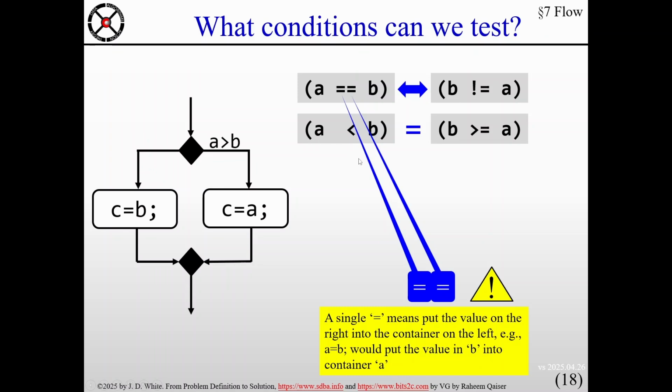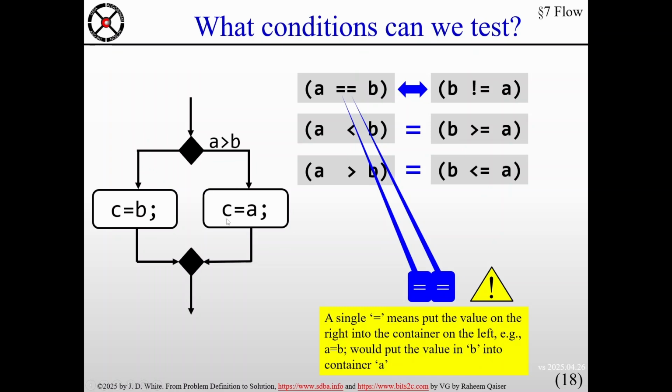Or you could write A greater than B, which is the same as writing B less than or equal to A. So we can write any of these conditions. These are the key conditions that we can test.